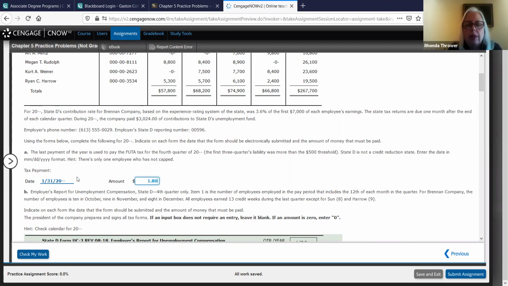So with the FUTA return, they're going to have to deposit the $1.80 for the fourth quarter because they have already deposited the first 3 quarters because the liability was more than $500.